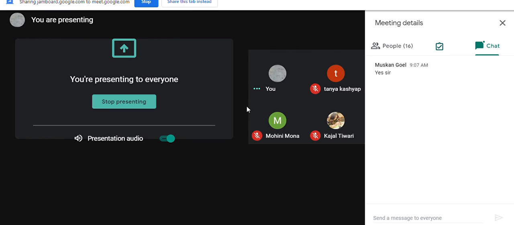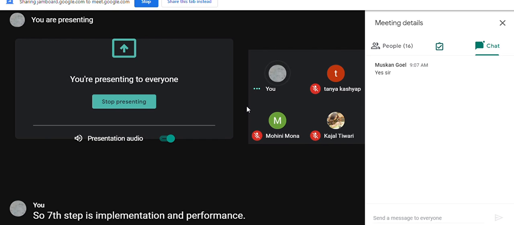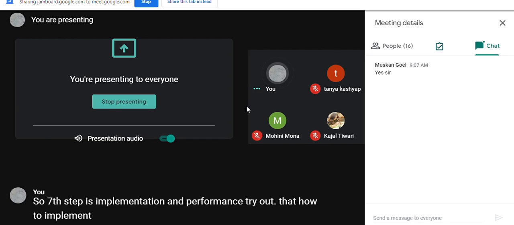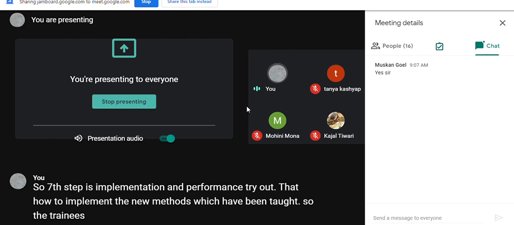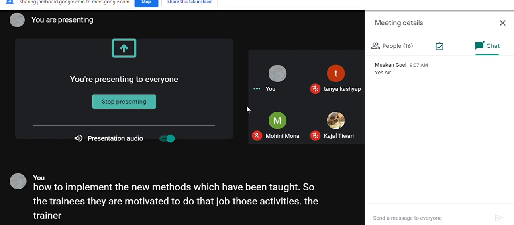So the seventh step is implementation and performance tryout, that is, how to implement the new methods which have been taught. The trainees are motivated to do those activities. The trainer observes how they are doing and how much time they are taking.